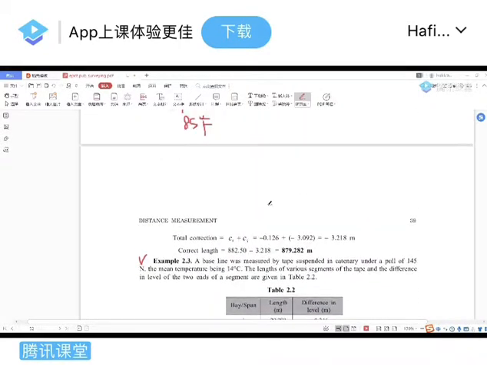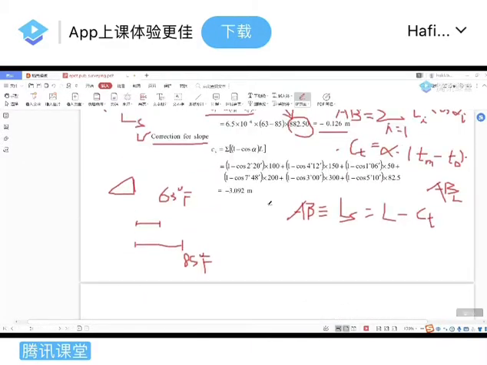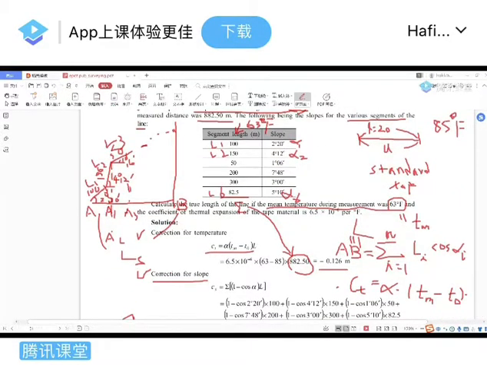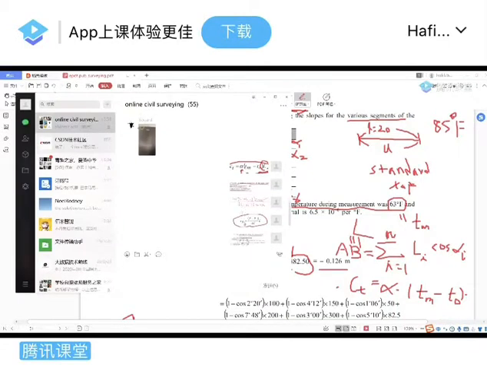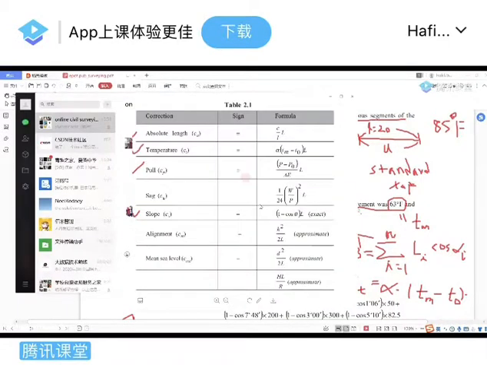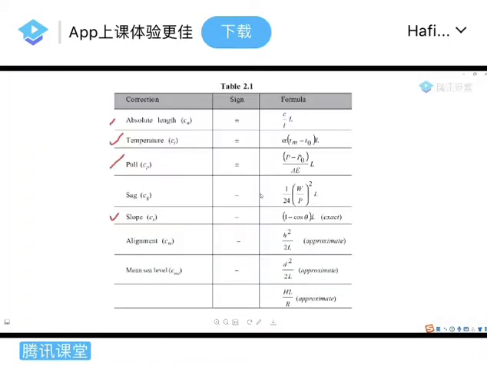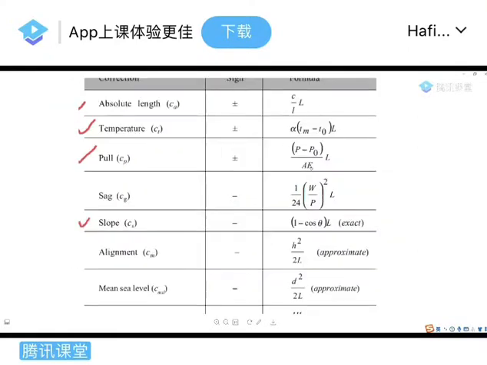Anyway, I think we've run out of time. So briefly, let's finally take a look at this table again. This CT will be like this one, and previously I gave you the formula.